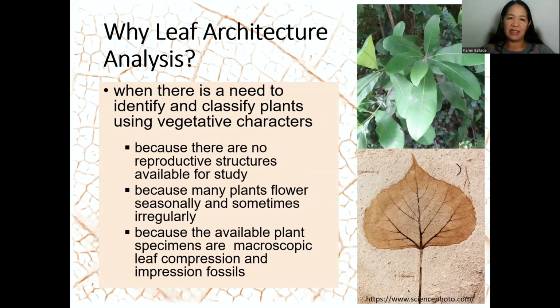Leaf architecture analysis is important when there is a need to identify and classify plants using vegetative characters. We know that since the time of Linnaeus, the identification and construction of relationships between plants have been based largely on the features of the reproductive organs, and leaf and other vegetative characters are often taken for granted or neglected due to the prevailing view that these characters have high phenotypic plasticity.